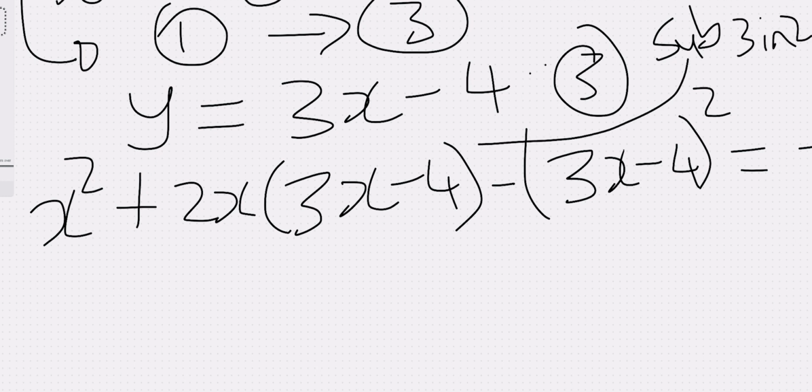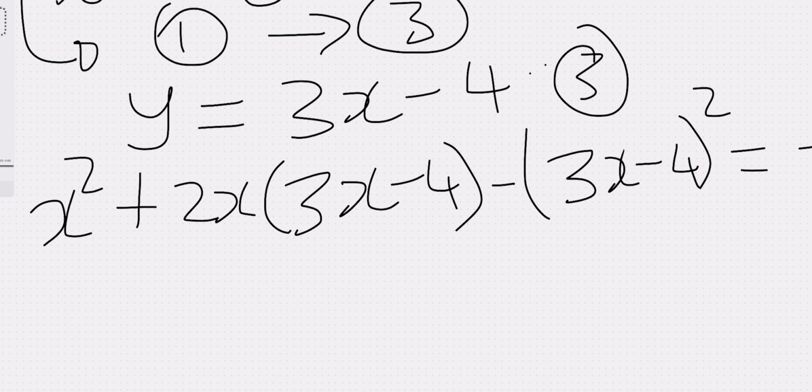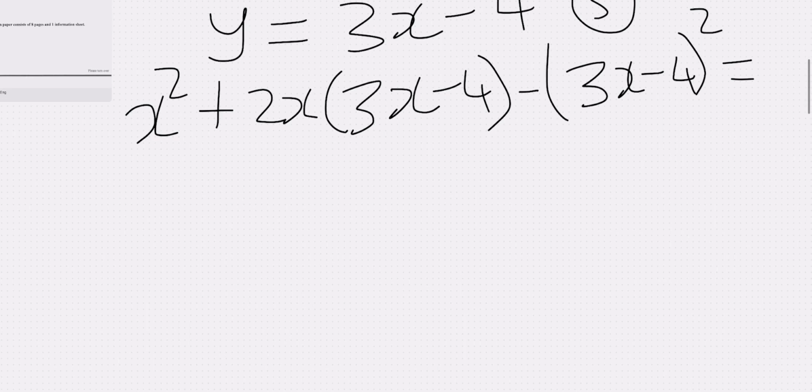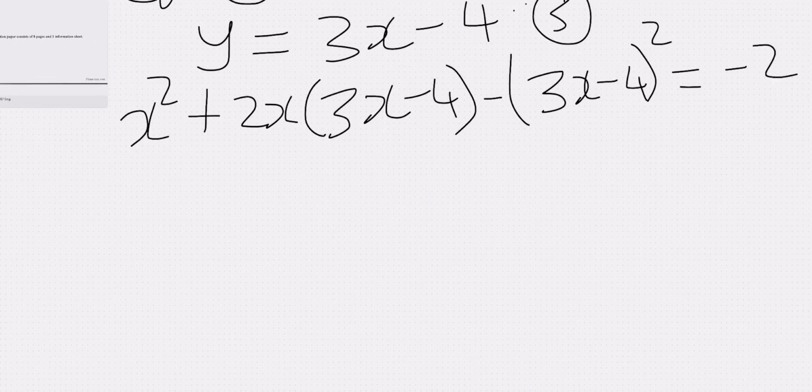Maybe write it somewhere in this line over here so that it's easier to follow your logic. But since we're all smart here, we'll just omit that. But in your exam, do write that substitute equation 3 in equation 2. Okay, cool. Let's move this up a bit so that we have some space, and then do the math.